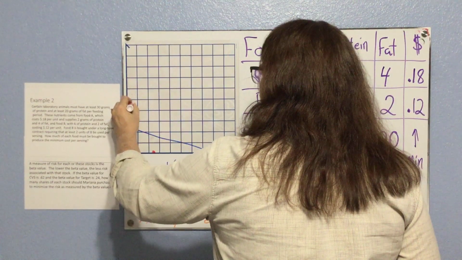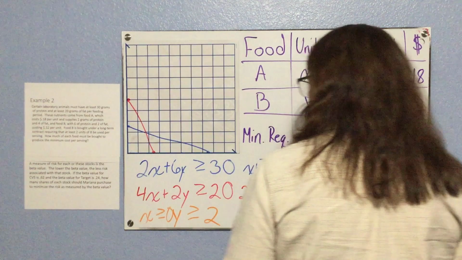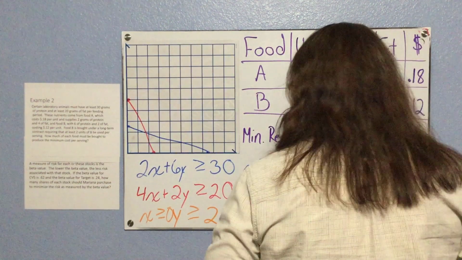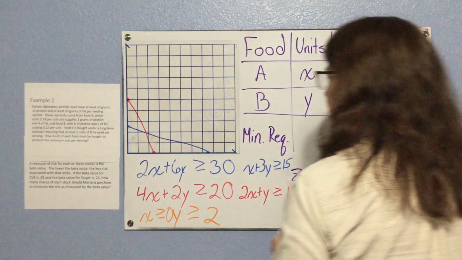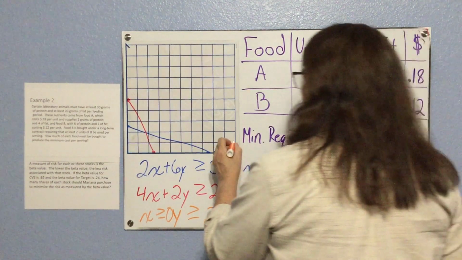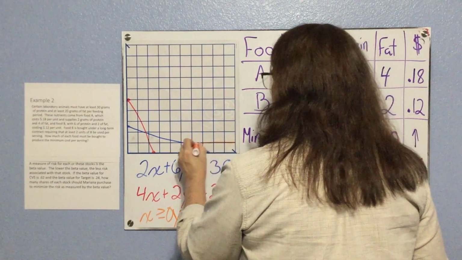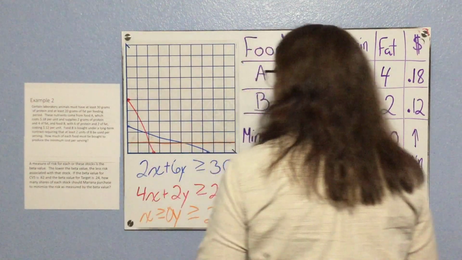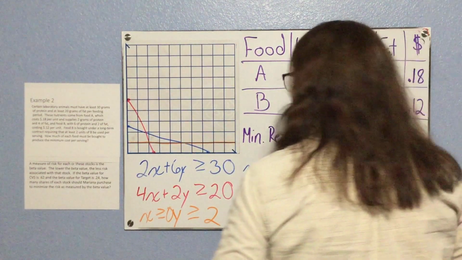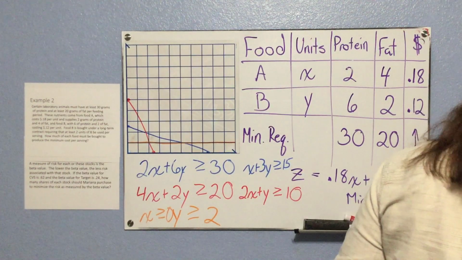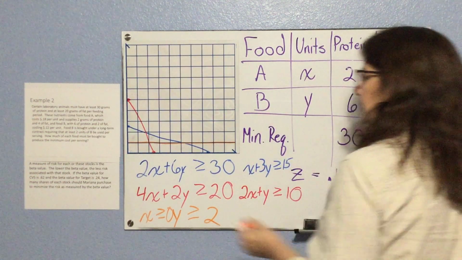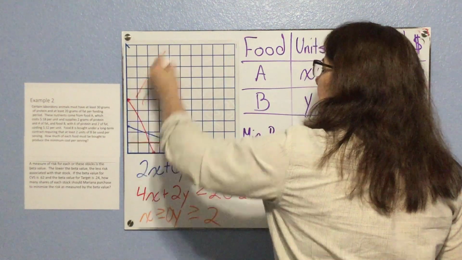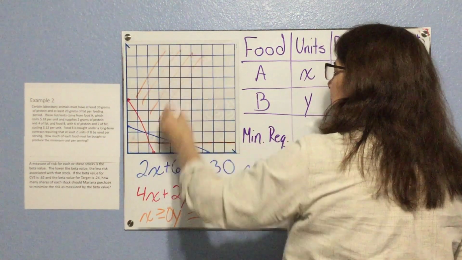So that constraint looks like that. And if y has to be greater than or equal to 2, that line would come about there. So we have an open area now, which is fine because we're trying to minimize cost.